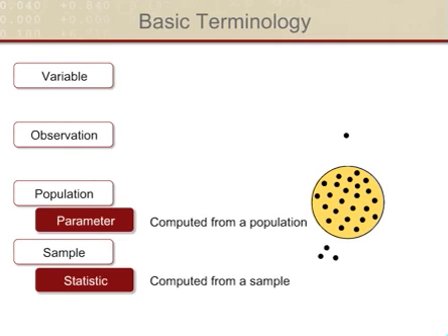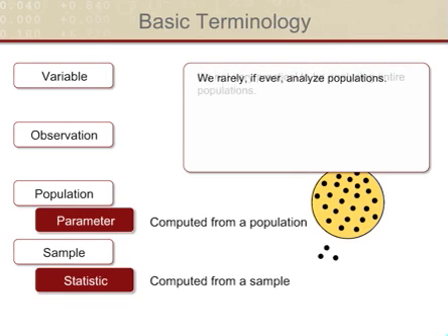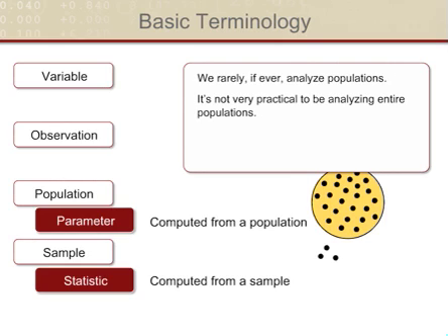Well, this entire course is called statistics, not parameters. For good reason. We rarely, if ever, analyze populations. You know, it's not something that we often have access to. It's not very practical to be analyzing entire populations. Sometimes it's impossible to try to get the data for an entire population. Heck, do you really trust most censuses these days?